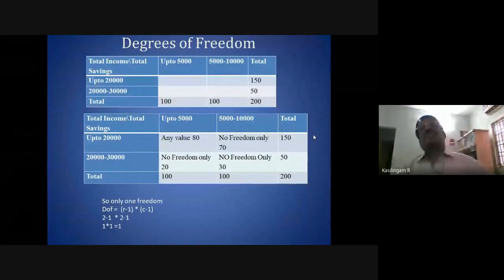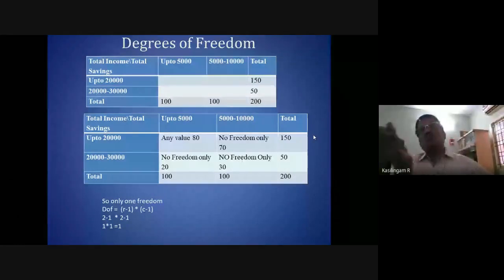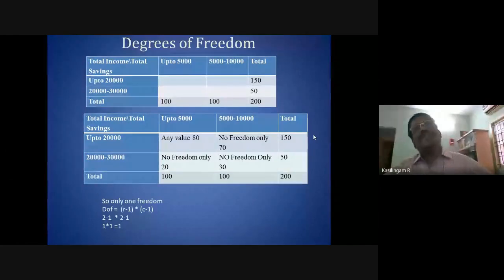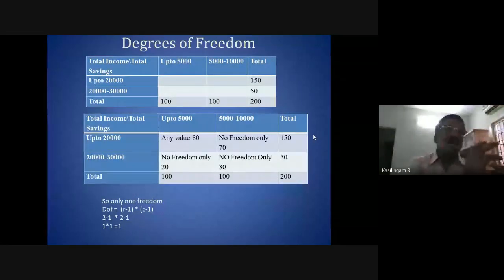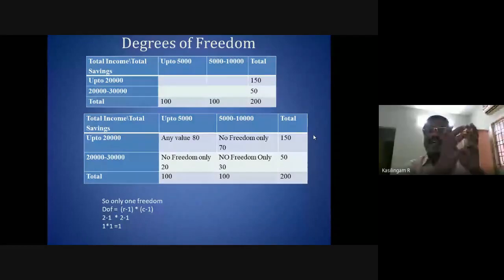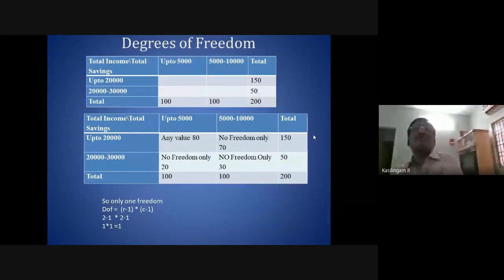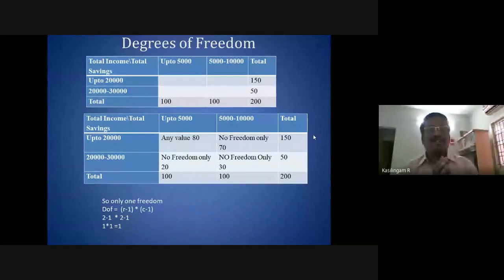Since these two are there, 3 by 3 matrix, 5, so 3 by 3 is 9, 9 into 5 is 45. Then only your calculated value will be reliable. Otherwise, it will be an inflated one because of your problem. That is not reliable.